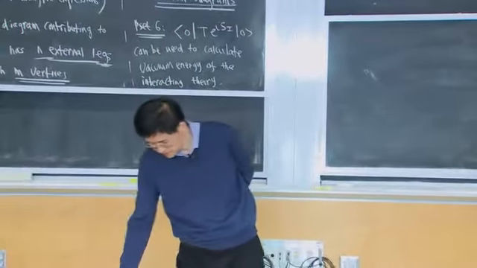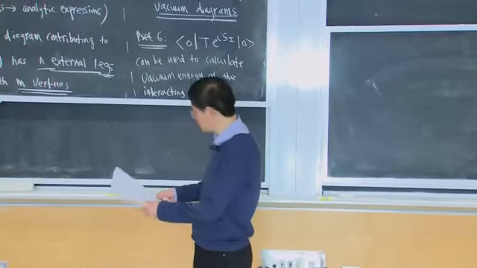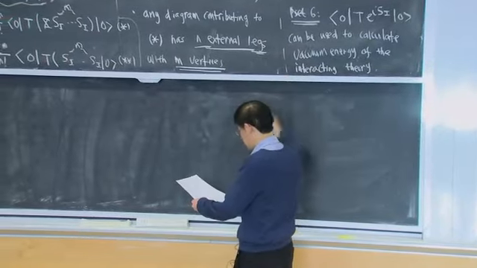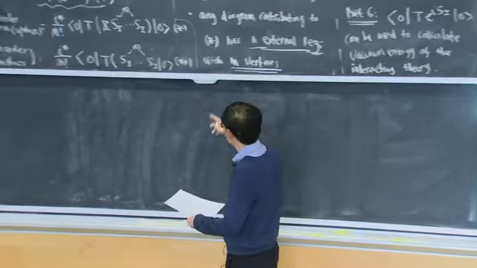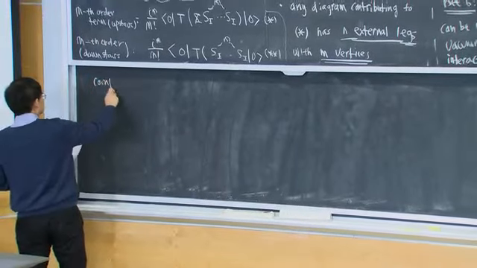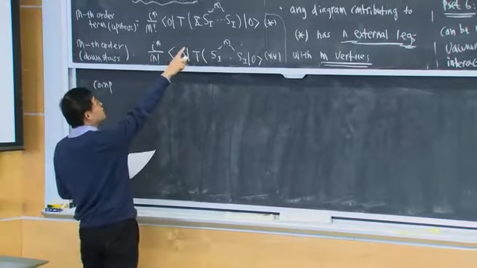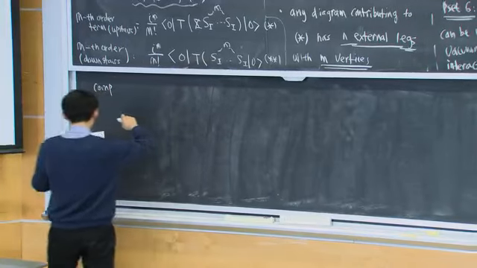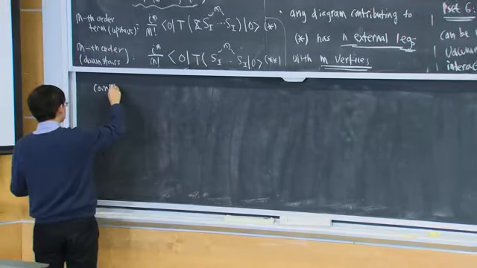Okay, good. So let me say a few more words. When we compute star or star-star, we say they can be computed using the Feynman diagram. Let me be a little bit more explicit.